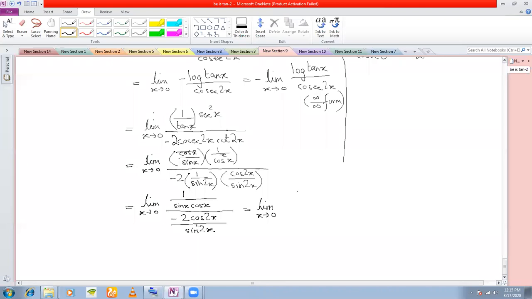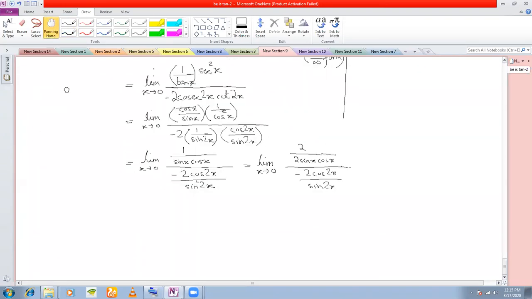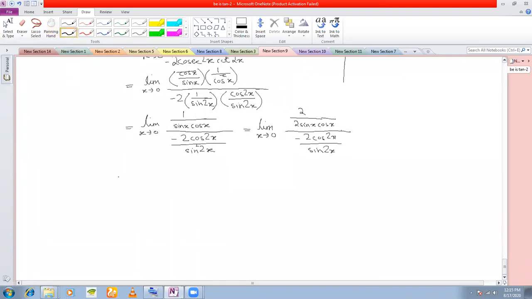Okay. So now what you do is you change the numerator to a multiple angle formula. Minus 2 cos 2x by sin 2x. So now what happens in the denominator?